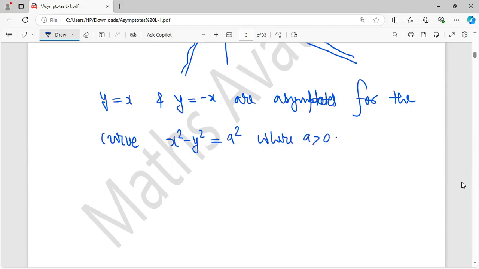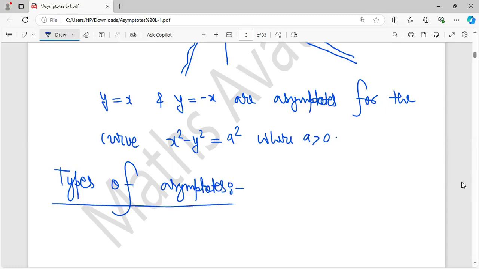So what are the types of asymptotes? Asymptotes are of three types.